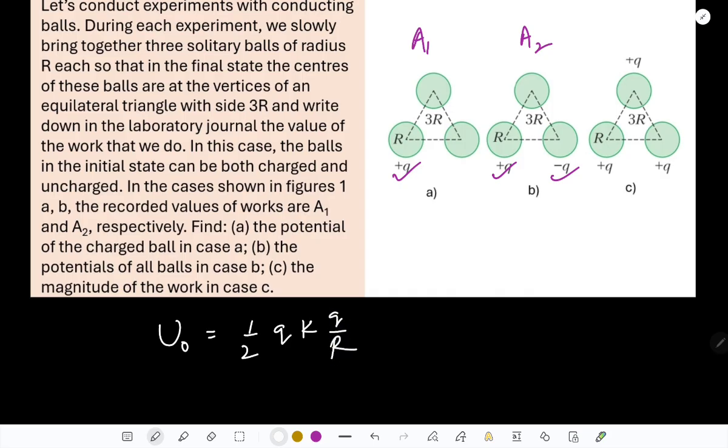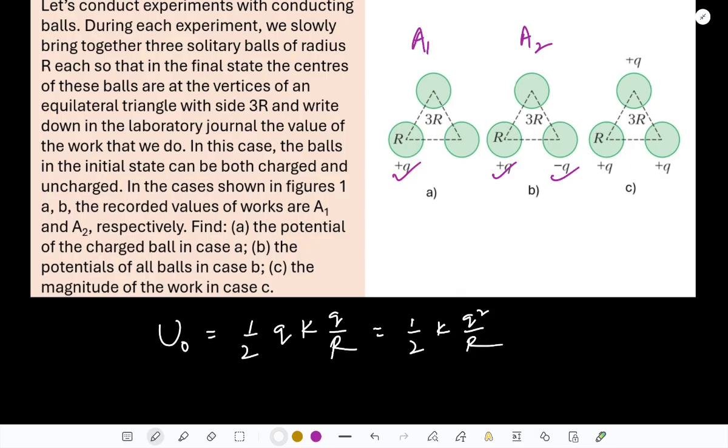I guess you know the formula, so you can write it like half kq square by r. This is the basic formula. The electrostatic energy is stored in this charged ball, the only charged ball of the system, its radius being r, so its electrostatic energy must be this.